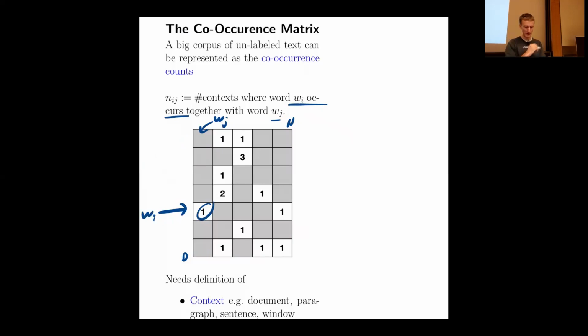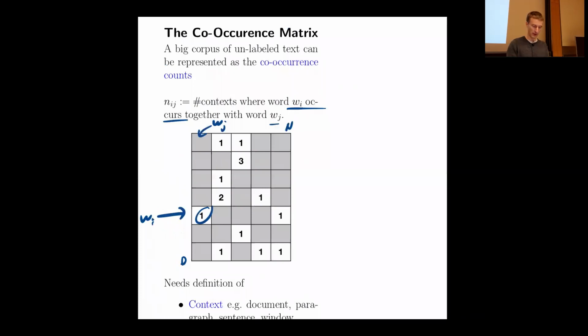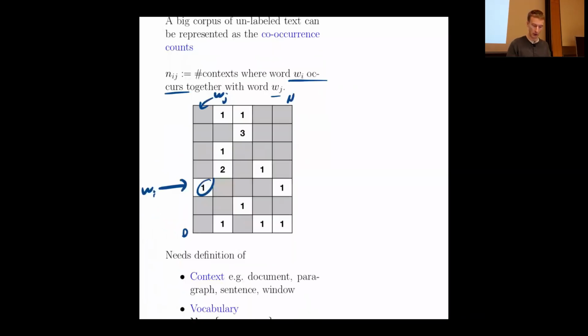Should the matrix be symmetric? Yes, the way I presented it, yes. But there's a small technicality that you can have more rows or columns. Usually it's symmetric, yes. But if you want, here are the words you care about, and the ones in the column are called the context.